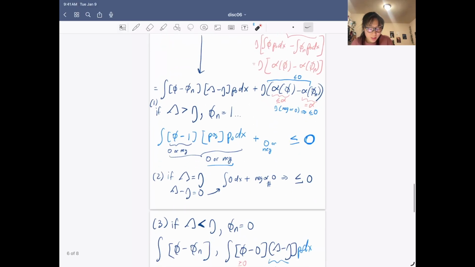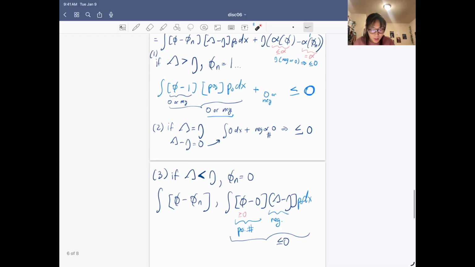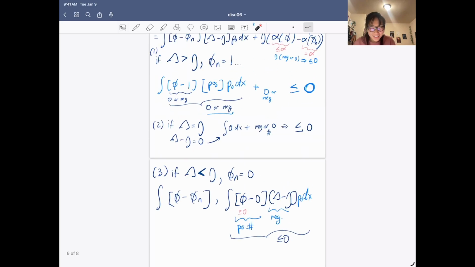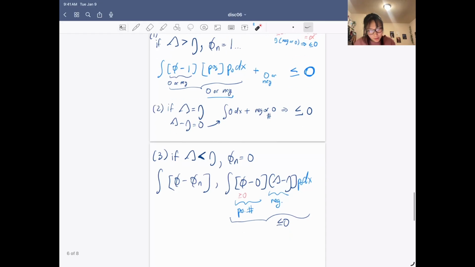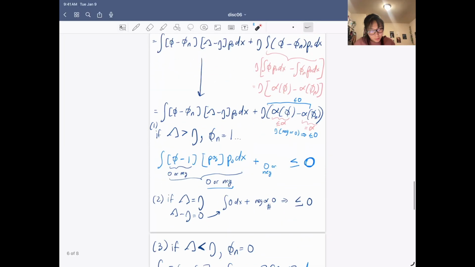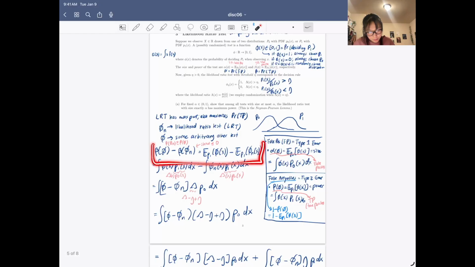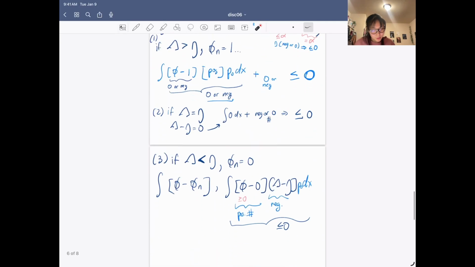So we've shown the three cases: if lambda is greater than ida, if lambda is equal to ida, and if lambda is less than ida, the Greek letters. Y'all, I'm actually brain dead. Okay, in all the cases, the integral that we have, this big integral which we derived from here, is less than or equal to 0.